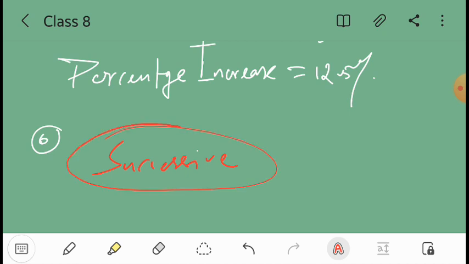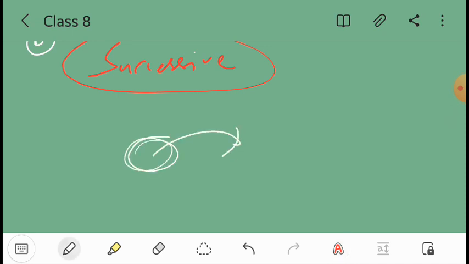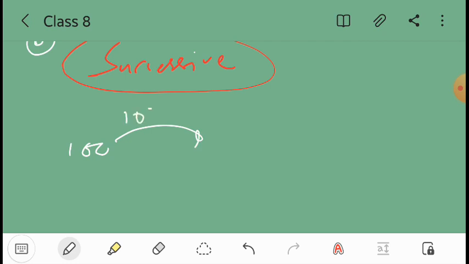What is this method? If you have some amount here, and this amount increased, and again this amount increased some percentage, this is called the successive. For example, how it will work: if you have 100 rupees, then it increased 10%.